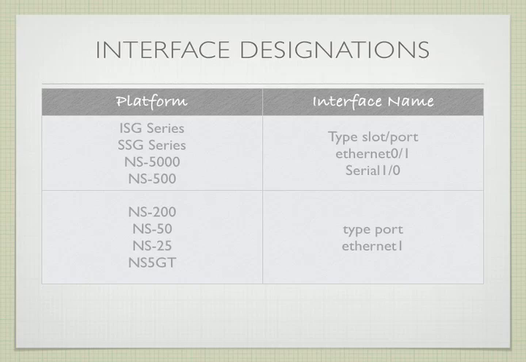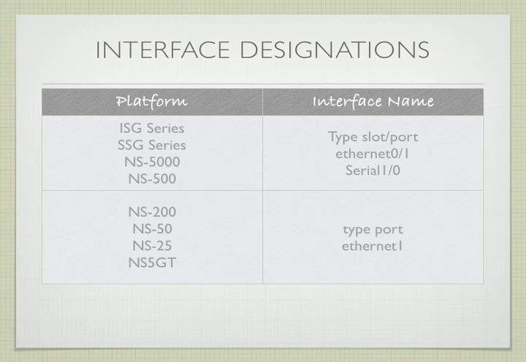Now on the NS200, the NS50, the NS25, and the NS5GT, these are the older series of NetScreen firewalls. They will actually be labeled with the name Ethernet 1, Ethernet 2. They may also be labeled trust or untrust as the port name on the outside.